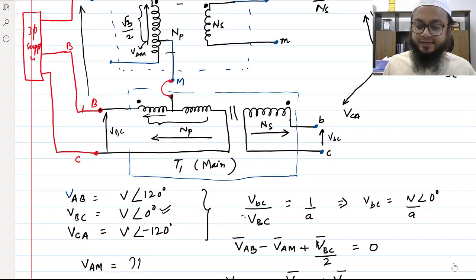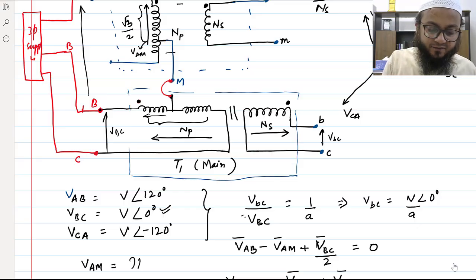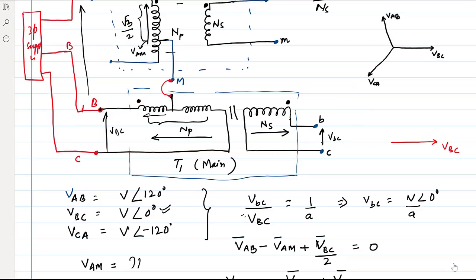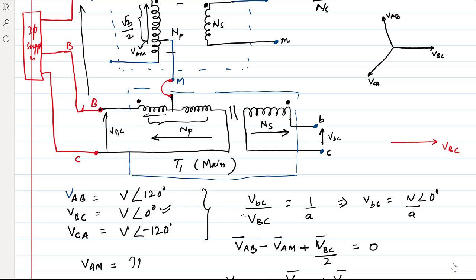So VAB is this, and let's say I'm just redrawing these phasors for the sake of explaining it better. If VBC is here, VAB I can draw here as well, and VBC would be here, right? This one and this one are parallel.